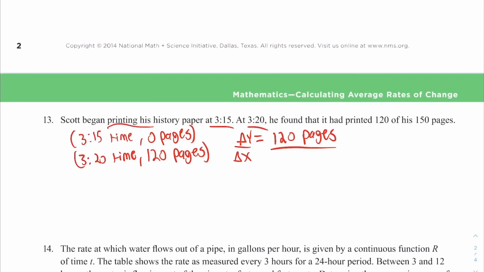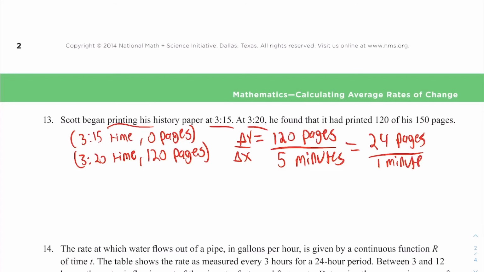From 3 o'clock and 15 minutes to 3 o'clock and 20 minutes, that's only a 5-minute difference. Now let's reduce this to find how many pages per minute he's printing. 5 fits into 12 2 times. That would leave a 2 as the remainder. 5 fits into 20 4 times, and that's going to make 24 pages per 1 minute.